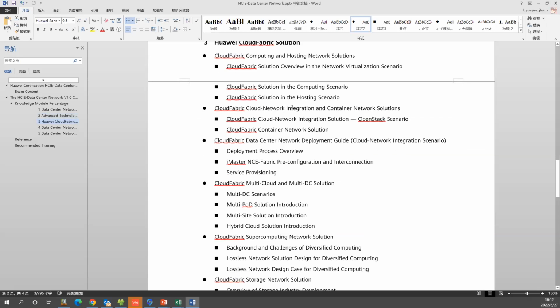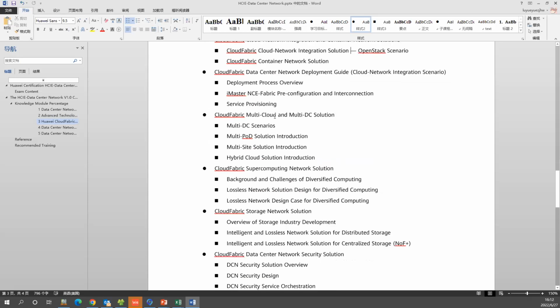And the second scenario is the cloud network integration and container network solution. In these two solutions, we will use the cloud platform and also the container platform to manage the computing, storage, and also the network resources. And then there is a guide to tell you how to deploy DCN based on our MSNC controller.